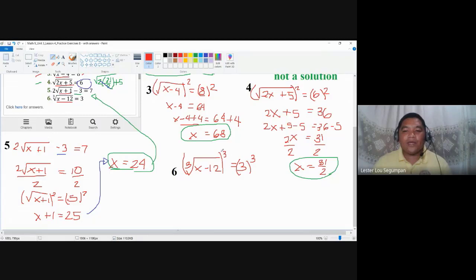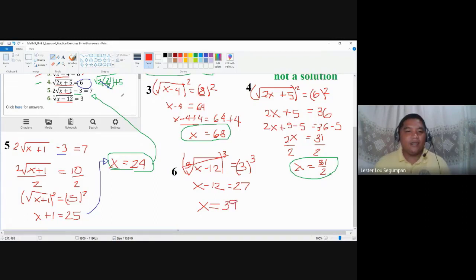As to why we can automatically cube both sides, we don't have coefficients or operations outside the radical expression, because the minus 12 here is still part of the radicand. And as you cube that, you have x minus 12 is equal to the cube of 3, which is 27. And then add both sides by 12. x is equal to 39.